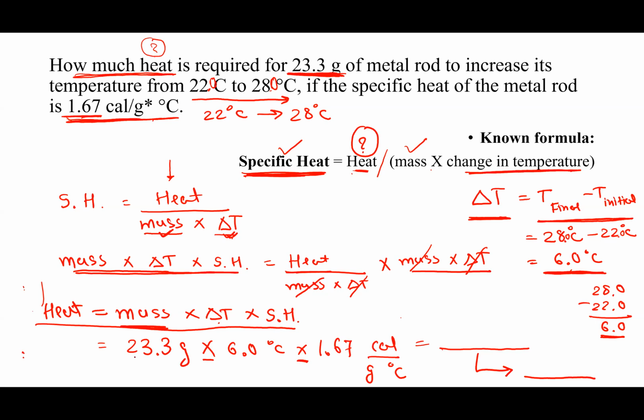For that, we are going to look at these numbers. How many significant figures do we have in the first number? We have 3. How many in this number? We have 2. How many in this number? 3. So your final answer must have only 2 significant figures. Get it?